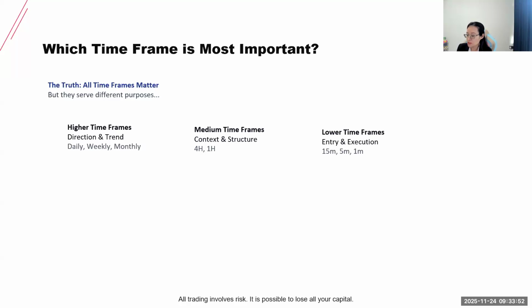For the medium term, H4 and H1, I highlight my key levels, like where my support and resistance, or demand and supply, are. The lower time frame is for my entry. I use M15 to execute my trade, and I zoom in to M5 or M1 if I cannot see any confirmation in M15.